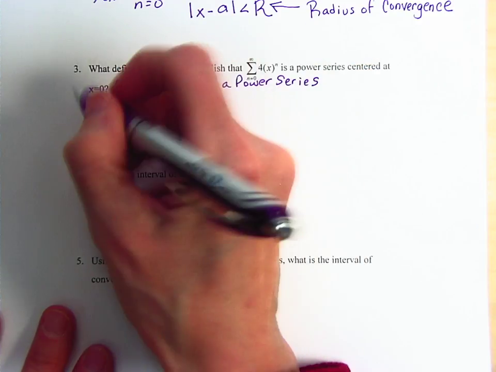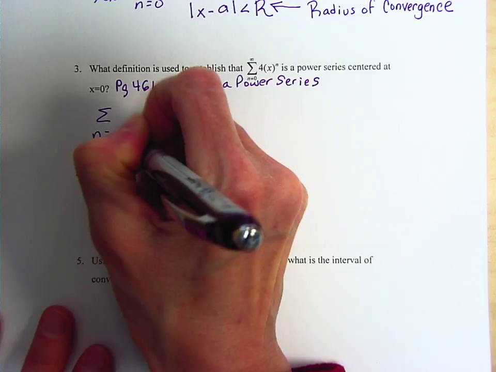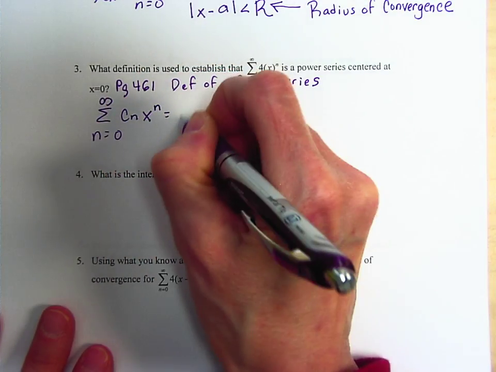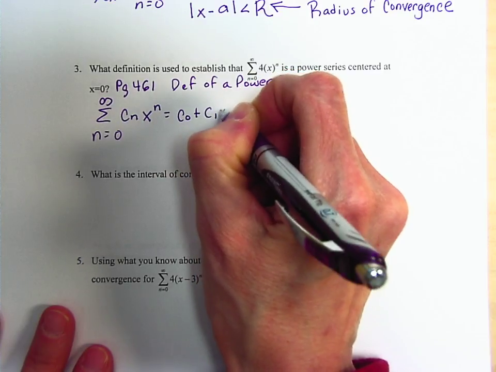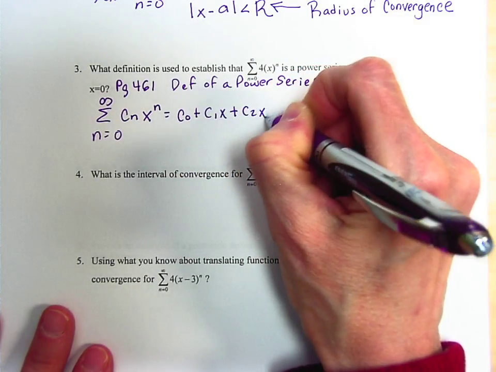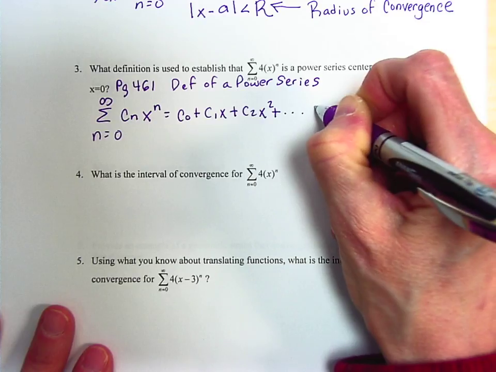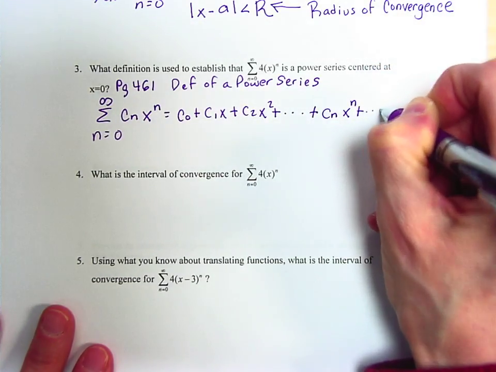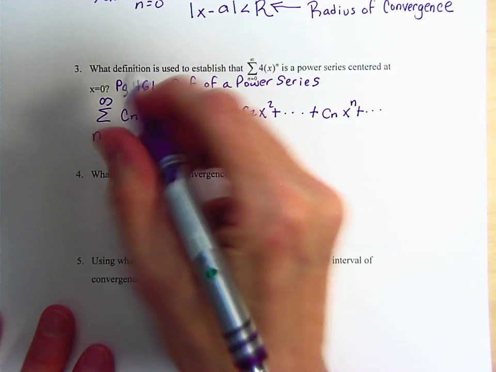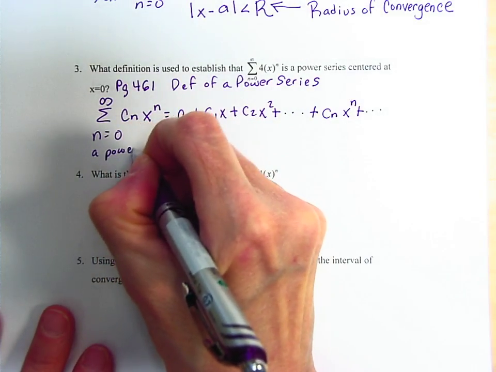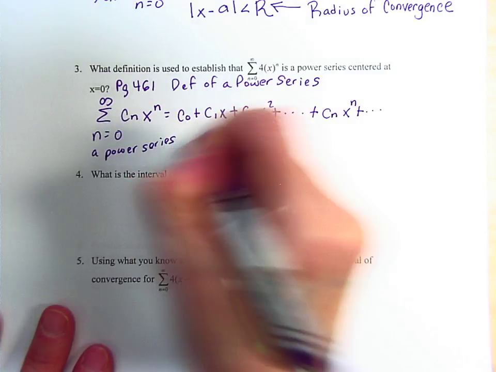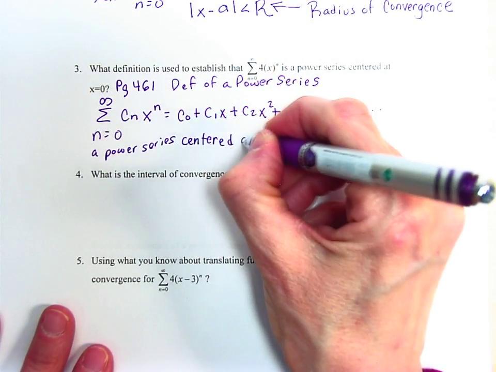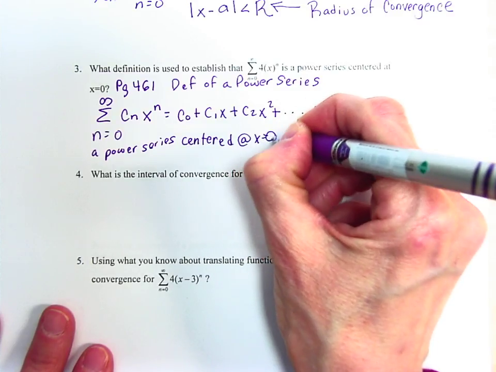And that definition is the summation of n equals 0 to infinity c sub n x to the n is equal to c sub 0 plus c sub 1x plus c sub 2x squared plus dot dot dot plus c sub n x to the n plus dot dot dot. This is a power series centered at x equals 0.